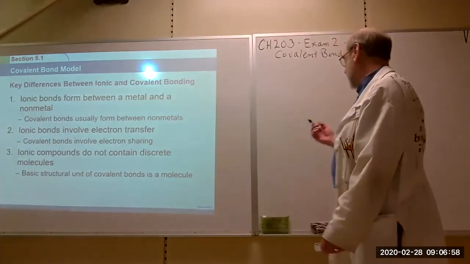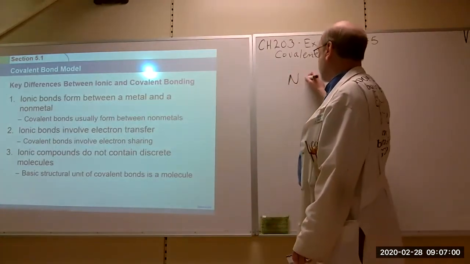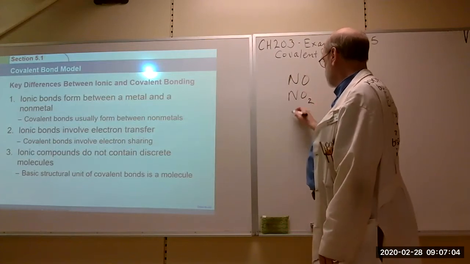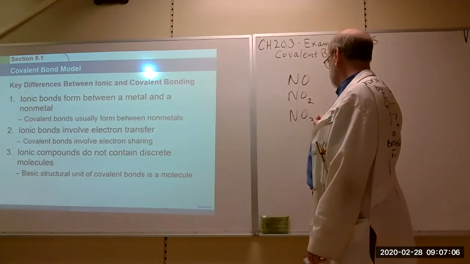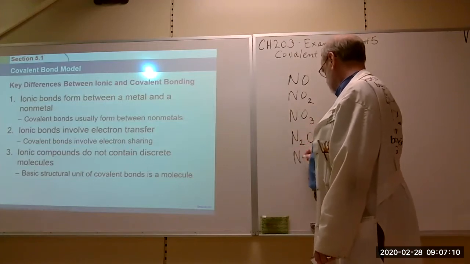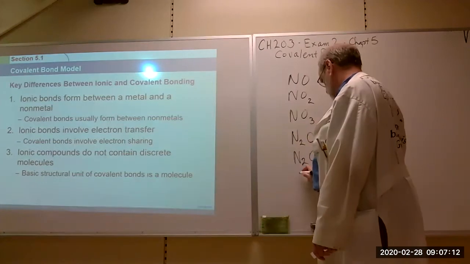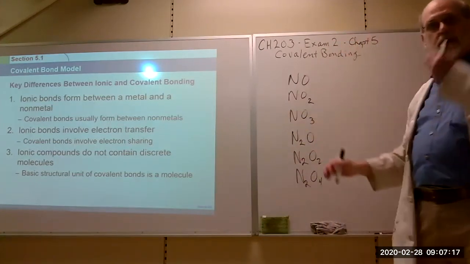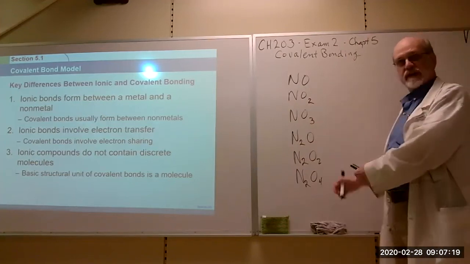For example, you can have compounds of nitrogen and oxygen like this. Just keep going. And these are all covalently bound compounds.